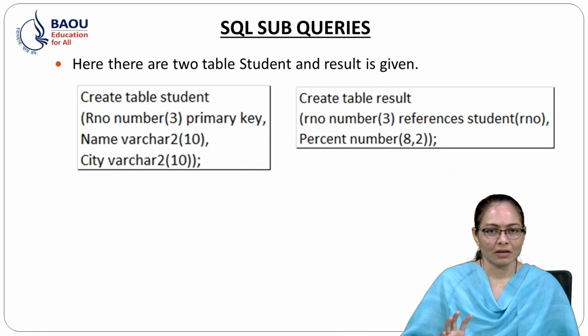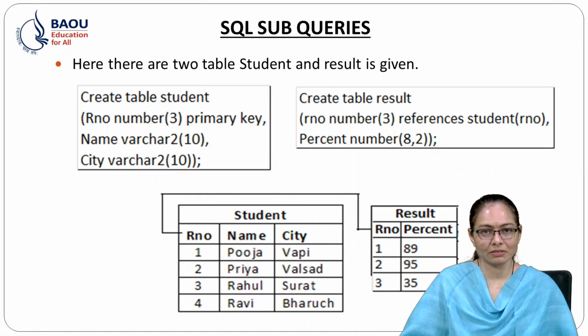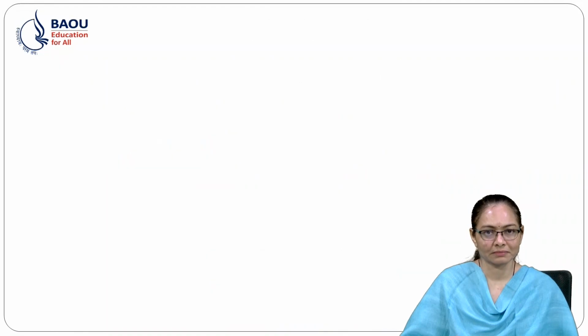If we fetch data from more than one table, then all the tables are joined or related to each other. The students table contains 4 records and the result table contains 3 records.